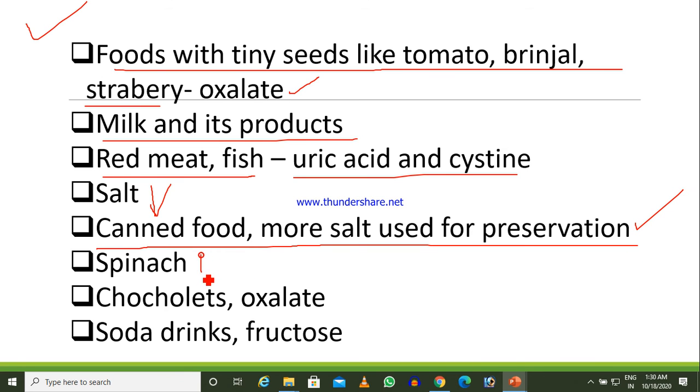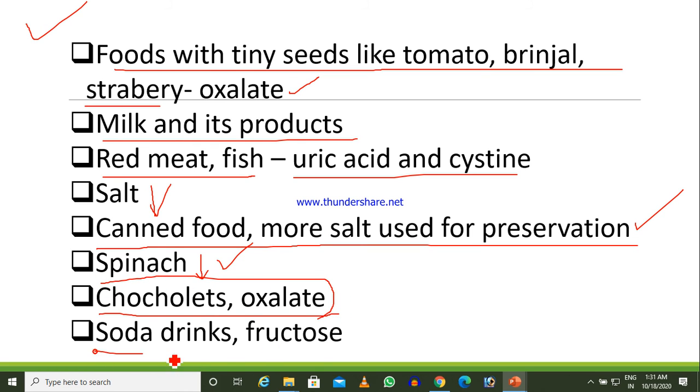Even though you know spinach is very good for health, you should reduce spinach. It can create renal stone. Chocolate, very tasty things. If you go to a supermarket, one section will be full of chocolates, but you should stop that, because it has a huge quantity of oxalate inside.